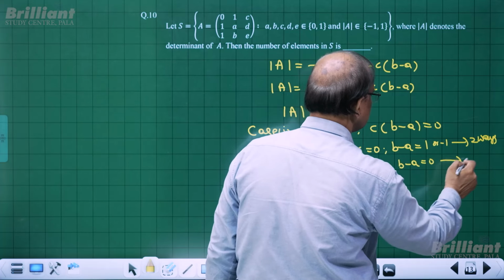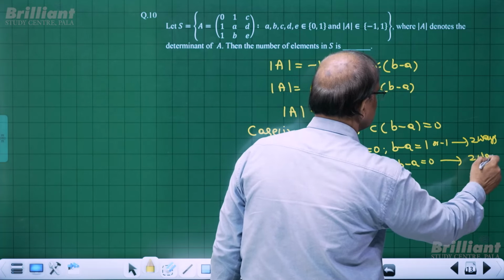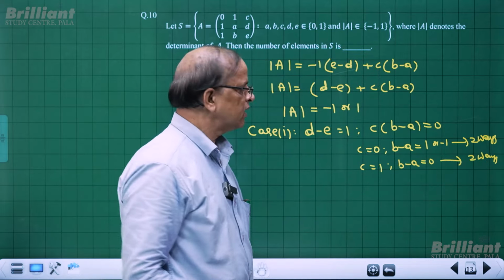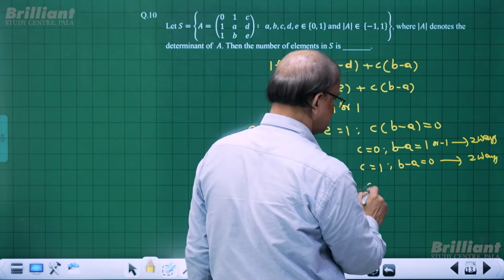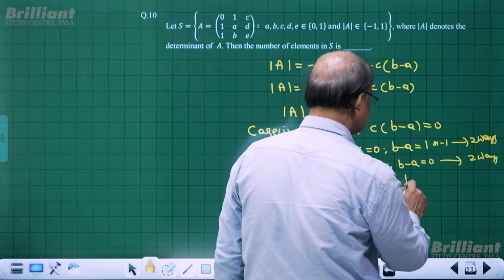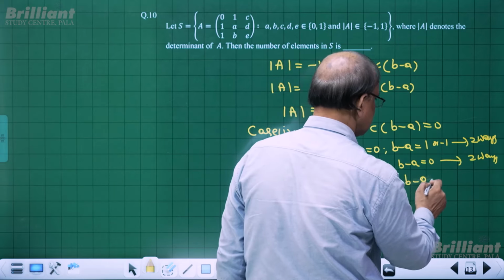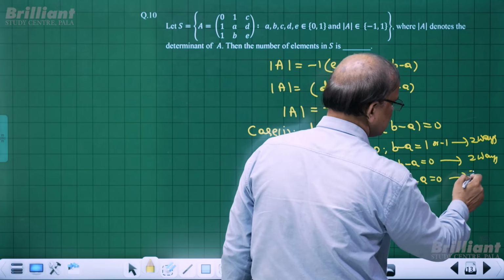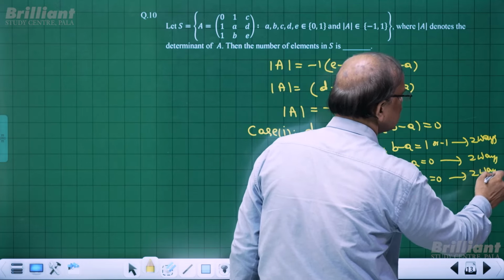So, this is also 2 ways, okay. Now, again suppose C is 0 and B minus A is 0, okay, this is also a case. So, 2 ways, okay, right.